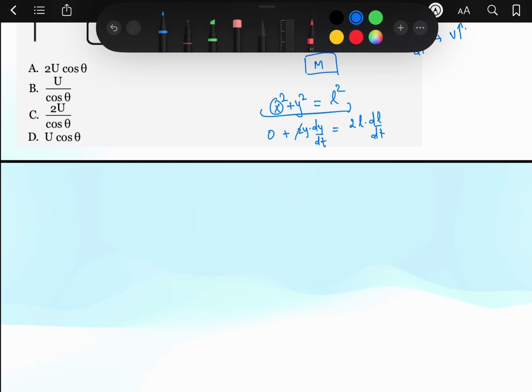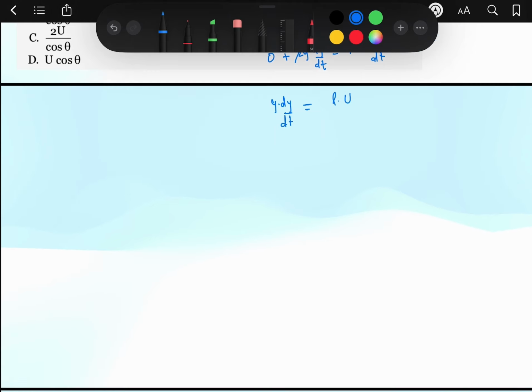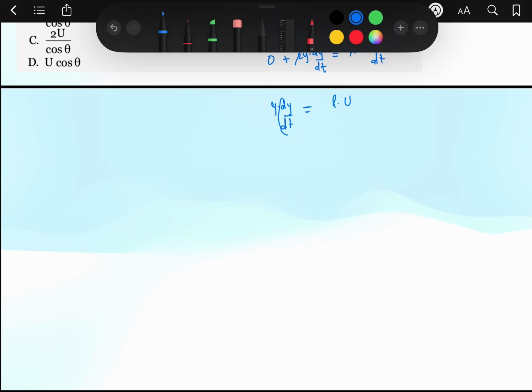Now 2 will be cancelled out on both sides. y into dy by dt will be equal to L into dL by dt, which is u, as we already know. So here I am replacing dy by dt with v, that we have to find. So v will be equal to u into L by y.